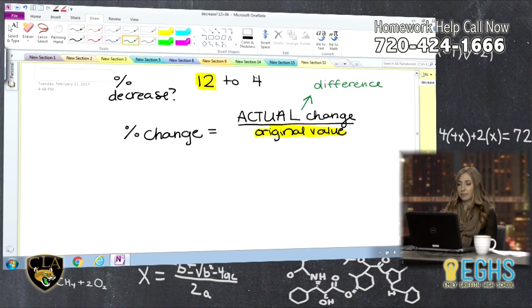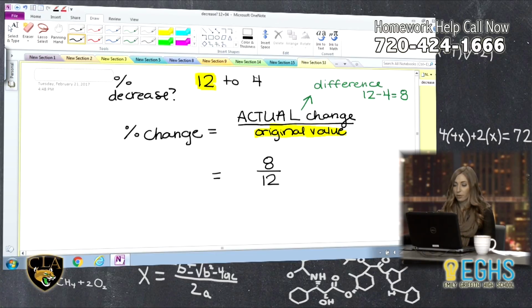If I went from 12 to 4, it's changing by 8, because 12 minus 4 is 8. So it's going to change by 8 out of our original value, which is 12.